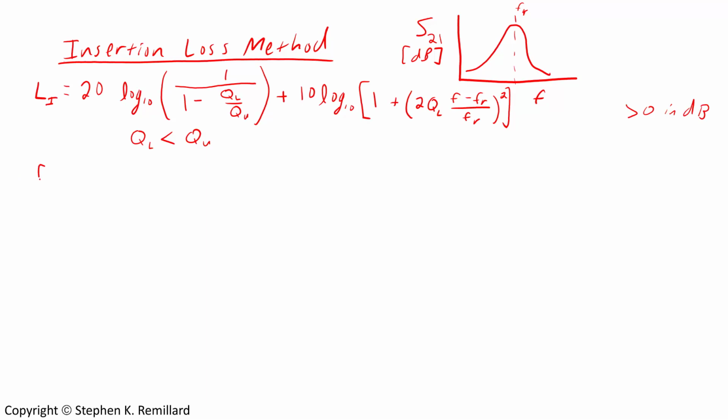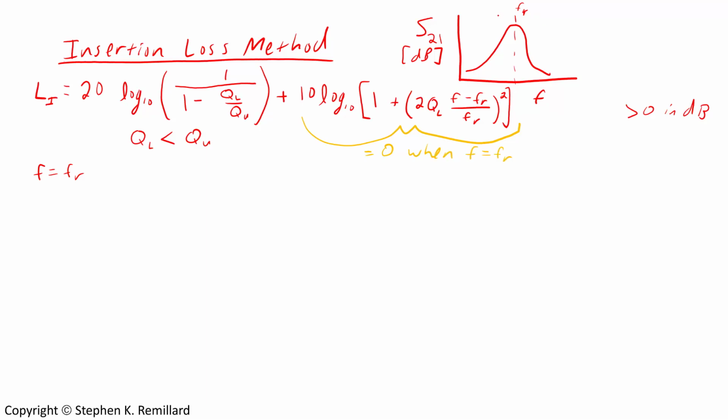When f, the frequency, equals the resonant frequency, when we are right here, this second term is 0, because it's 1 plus 0, right? When f equals f sub r, this parenthesis comes out to 0, and you're just taking log base 10 of 1. So this term is 0 when you're at resonance.